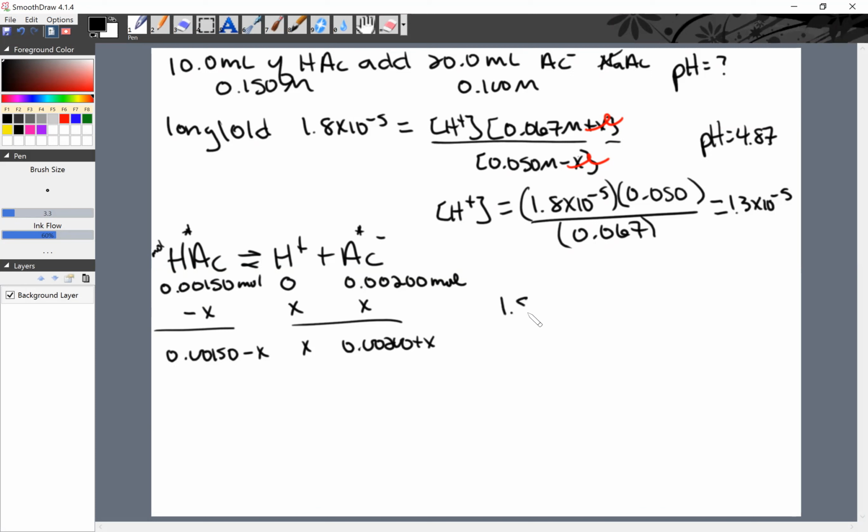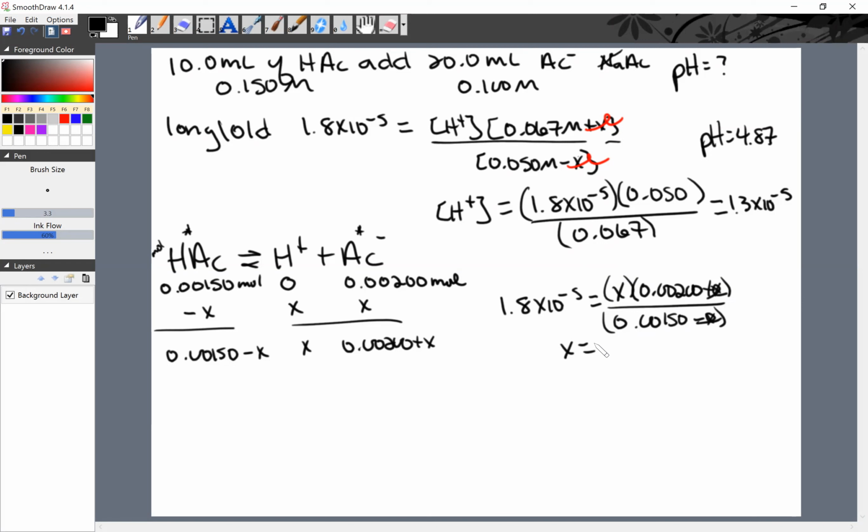So 1.8 times 10 to the minus fifth is equal to x times 0.00200 plus x over 0.00150 minus x. Make my assumption, and my x is going to turn out, let's just double check, 1.8 to the negative fifth times 0.0015 divided by 0.002.